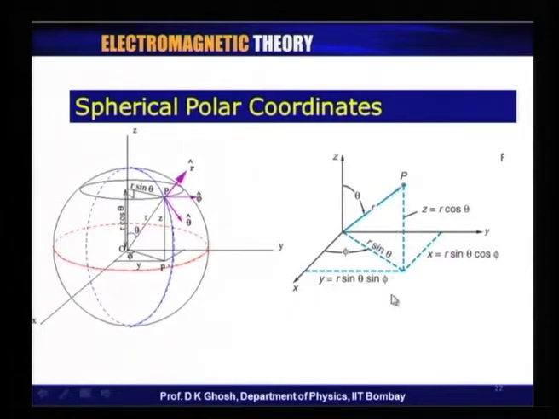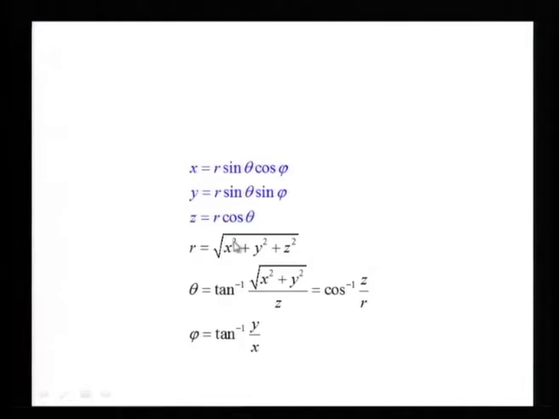Now, so I have a foot of the perpendicular here. So, x is nothing but this distance parallel to x axis, and since this distance is r sin theta, the x is nothing but r sin theta cos phi, and y is r sin theta sin phi. So, this is what we have written down there.